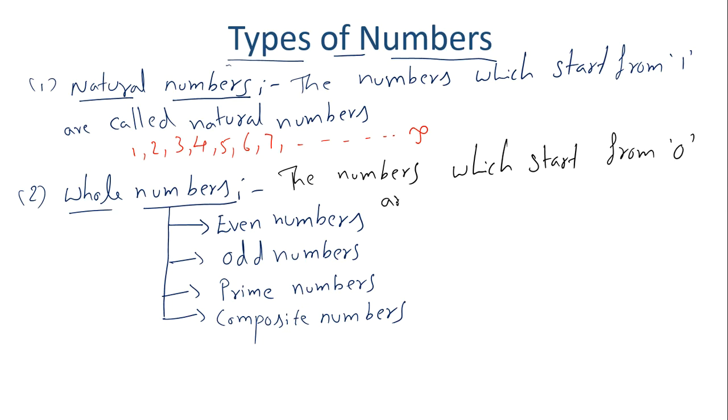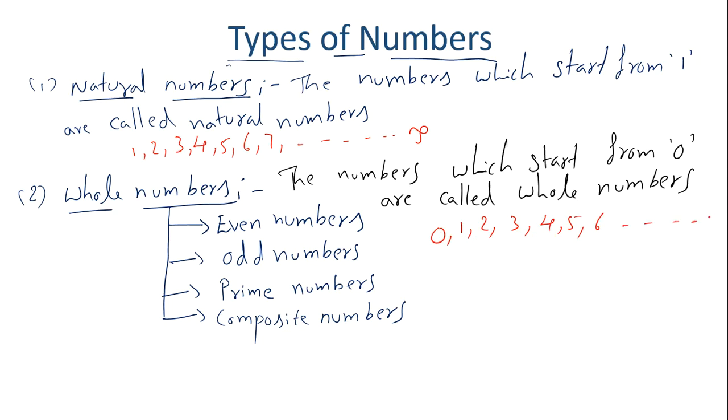For example, 0, 1, 2, 3, 4, 5, 6 and so on up to infinity are whole numbers.